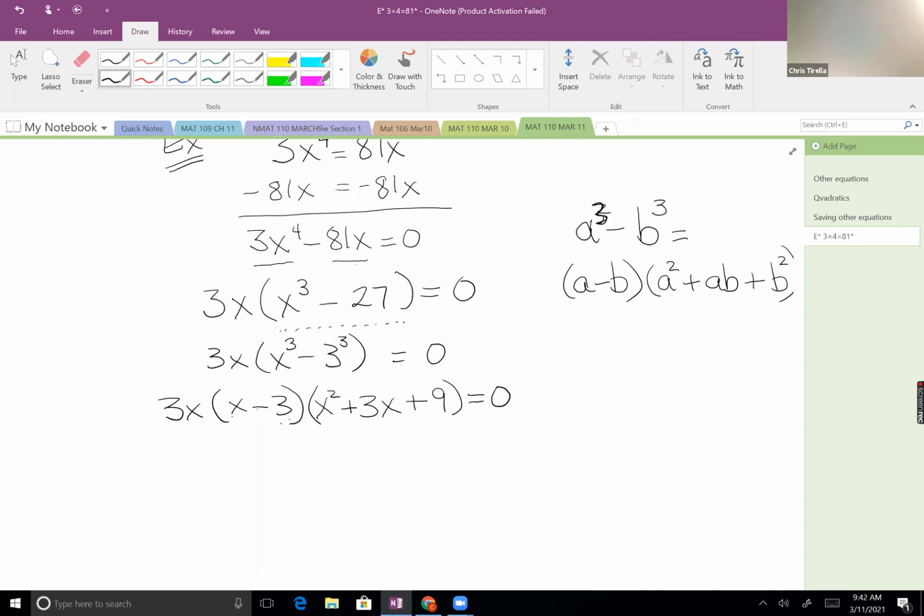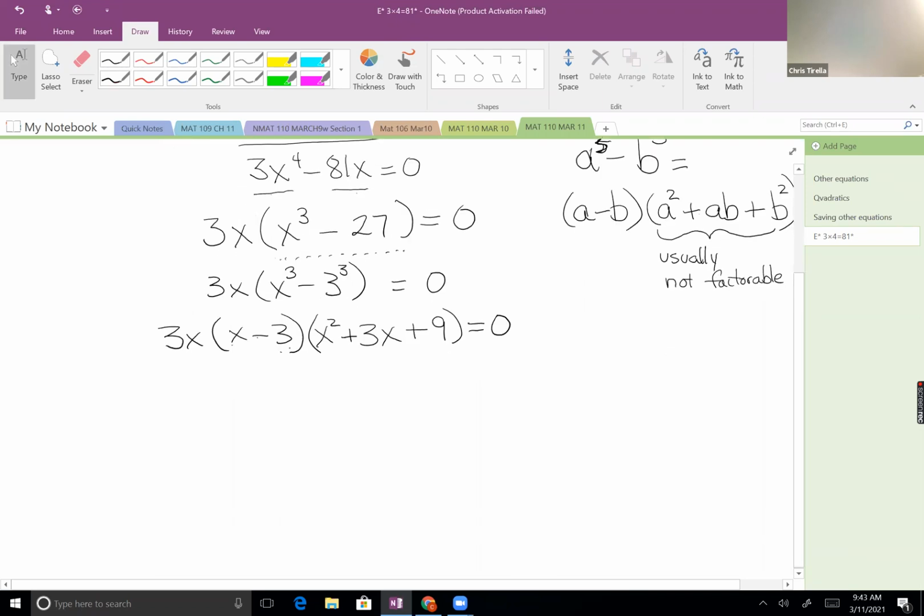And when we looked at this formula for factoring the sum or difference of cubes, we said, as a rule, this last term is usually not factorable. So that's going to be as factored as far as we possibly can go.